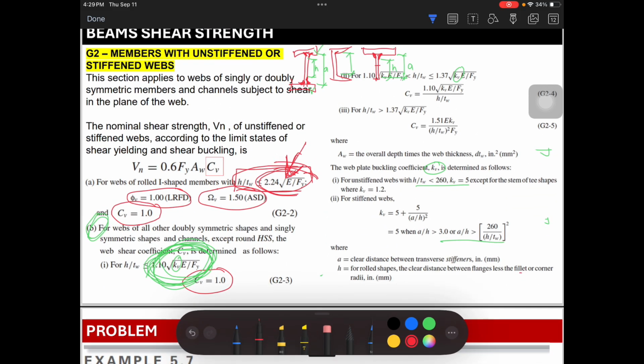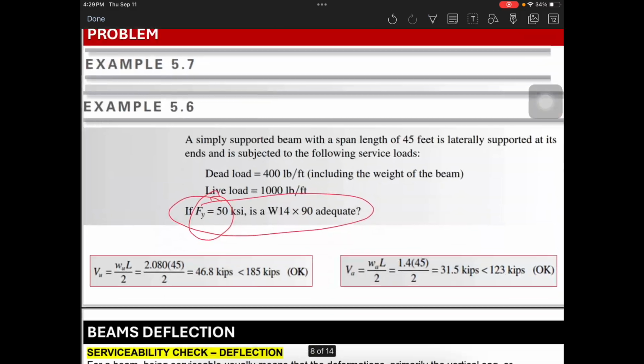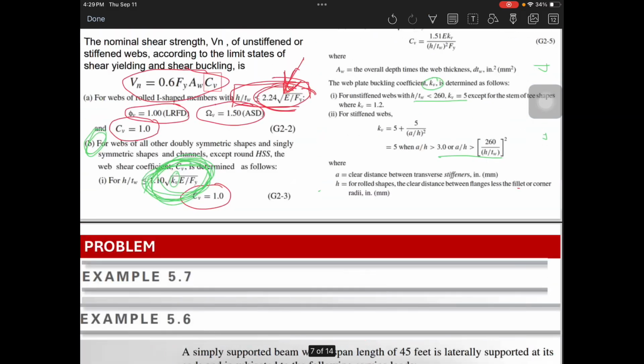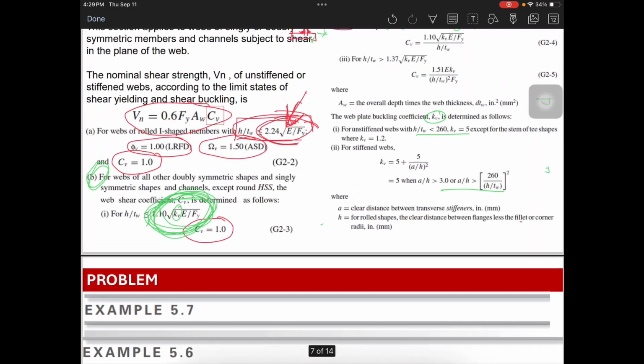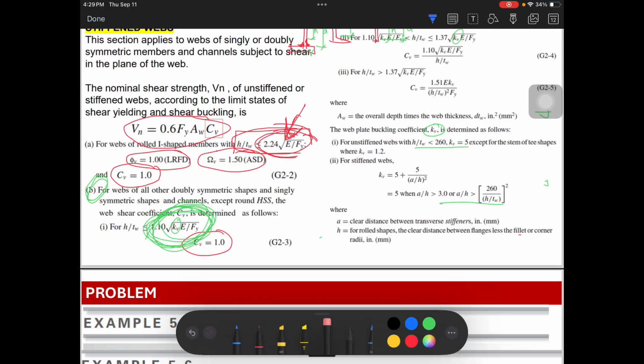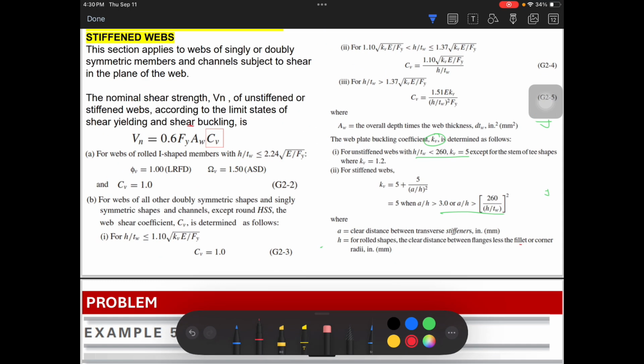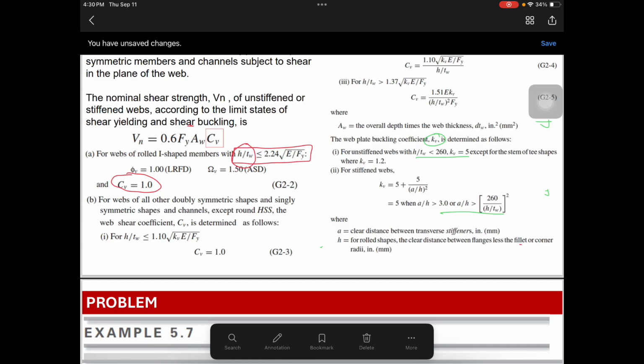It is ito. So, nominal shear, saan tayo magsusulat? Dito na lang. So, nominal shear natin is this one. So, paano natin malalaman kung CV natin? Ang unang hahanapin is CV. So, to check CV, let's check this condition. We need our H over TW. Sabi natin, nasa AISC yun. H over TW for W14 by 90.